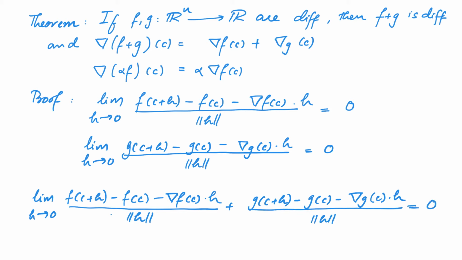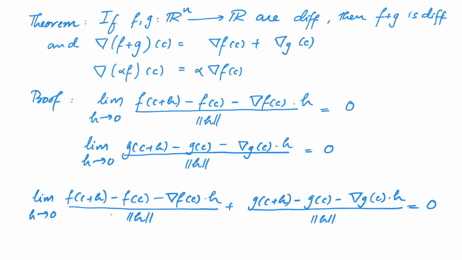Notice that the denominators are common, so we can just add the terms in the numerator. So we can combine f of c plus h and g of c plus h and write it as f plus g at c plus h. Similarly, f of c and g of c can be combined and be written as f plus g at c.